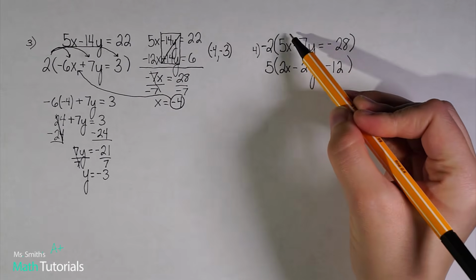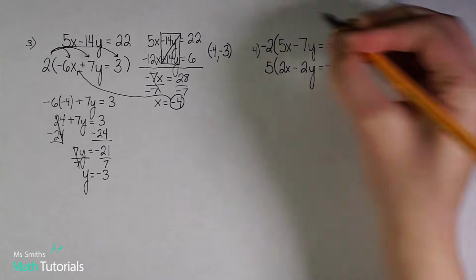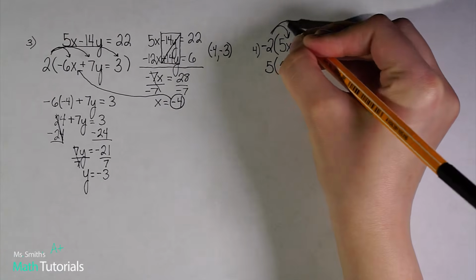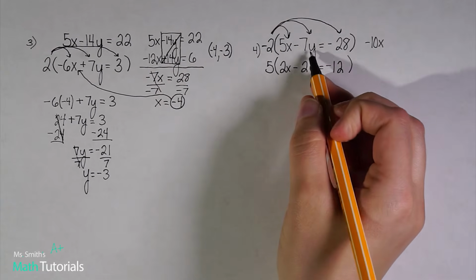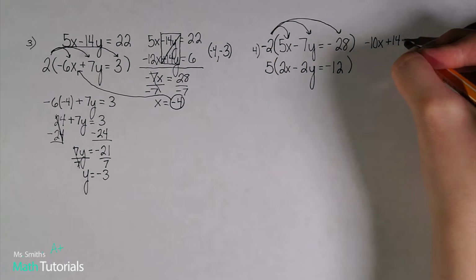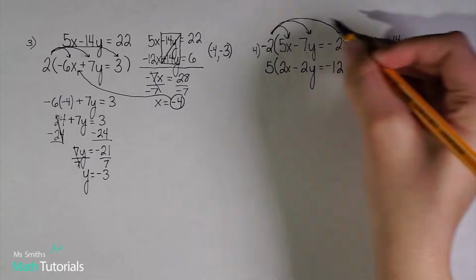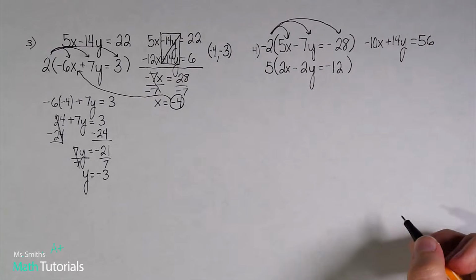So -2 times 5x would be -10x. -2 times -7y is going to give me positive 14y. -2 times -28 is going to give me positive 56.